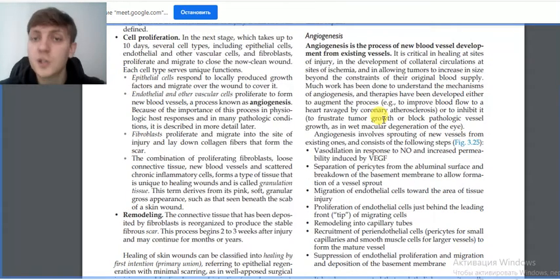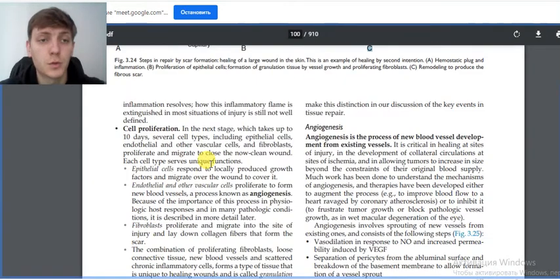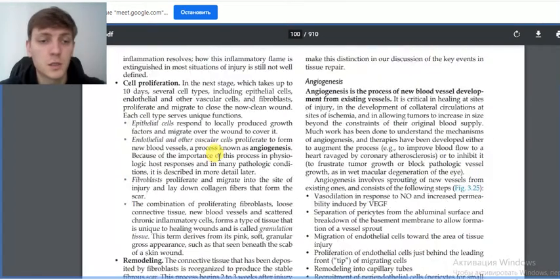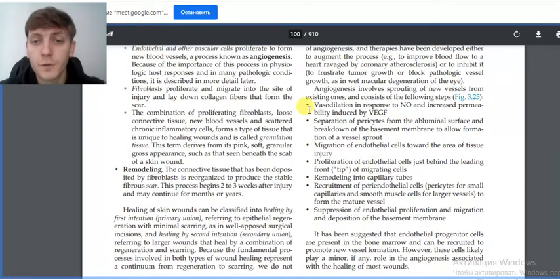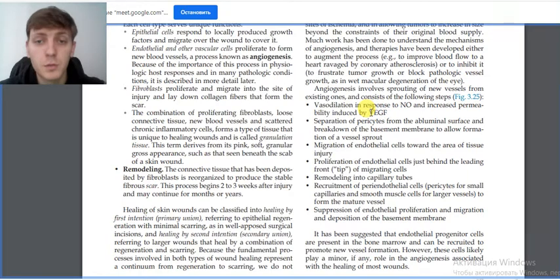Okay, angiogenesis. Let's talk about angiogenesis during these three processes: inflammation, then cell proliferation, and remodeling. First of all, vasodilation is caused by VEGF, vascular endothelial growth factor, which is produced by macrophages.